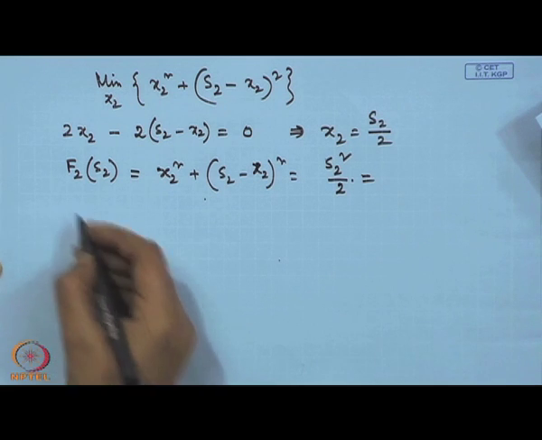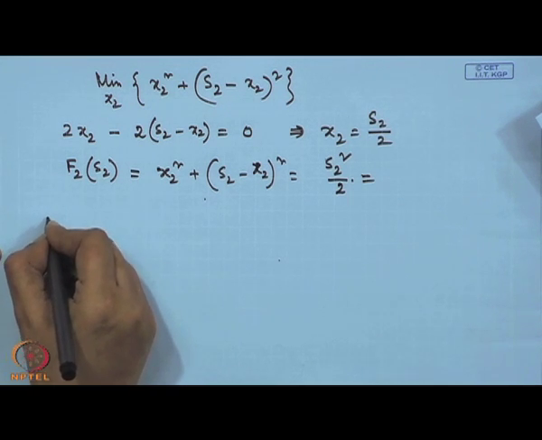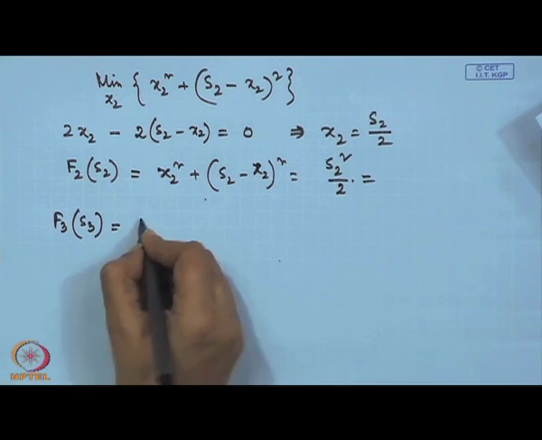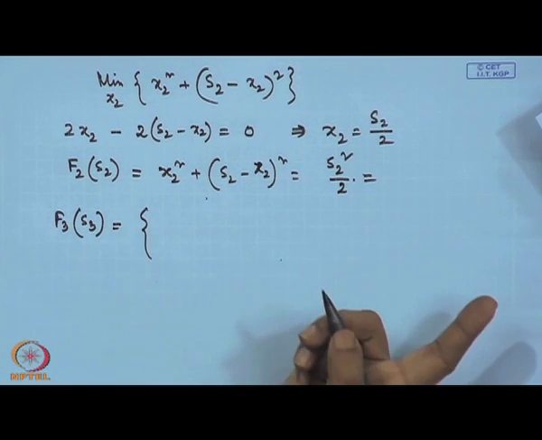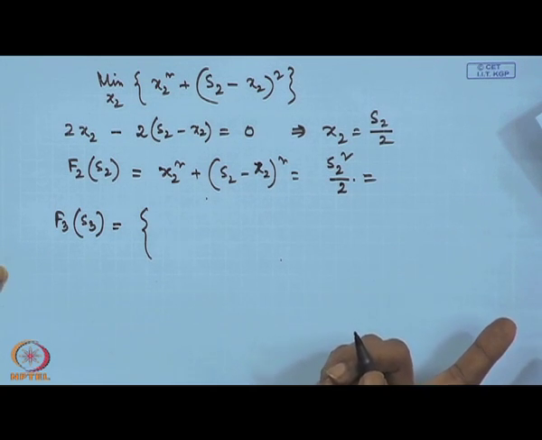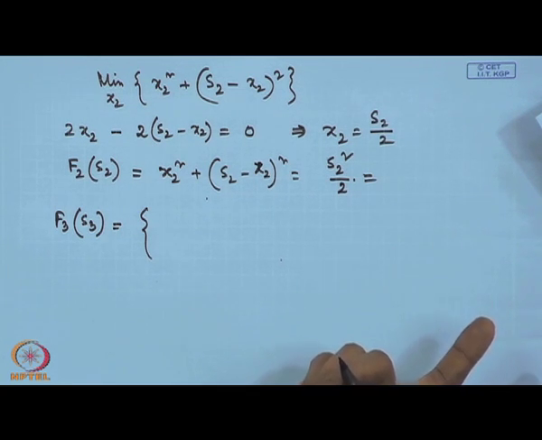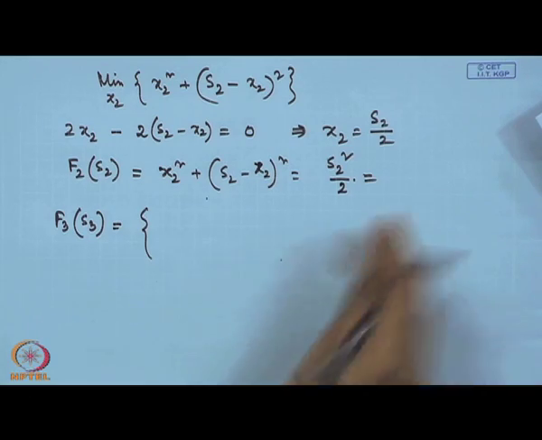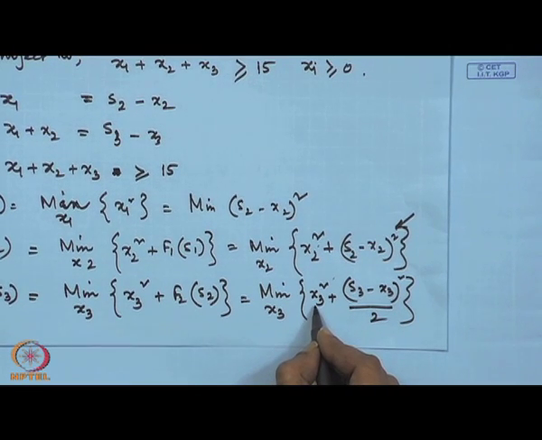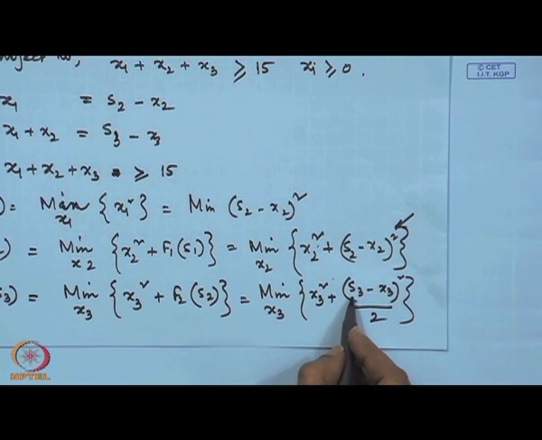And once we are calculating this, we will get f3 s3 is equal to, and we have reached the final state, and here the values are given: x1 plus x2 plus x3 can be minimum value is 15, maximum value can be anything. Now, our problem is a minimization problem. If we apply the differential calculus technique here, whatever value for x3 we will get, that would be dependent on the value of S3.